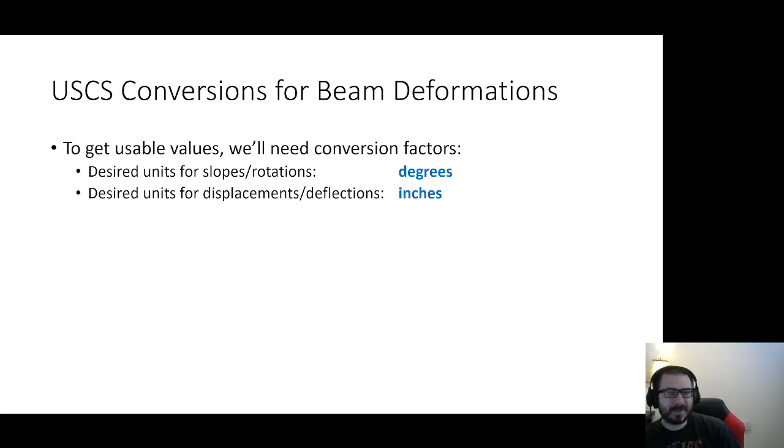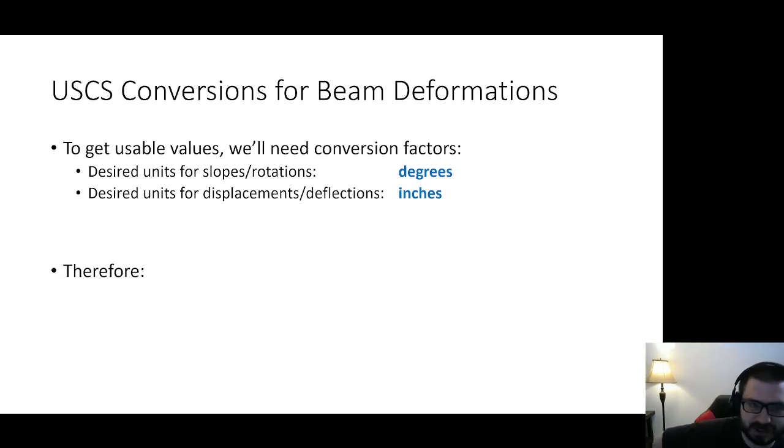Typically, I like my slopes and rotations in degrees because slopes and rotations tend to be pretty small numbers. Your book might actually not do that. Sometimes your book might do them in degrees or might do them in millirads. We'll get into that when we start doing some examples. But for deflections, I think we all agree that the units need to be in inches. For the sake of discussion, let's just say that we want our slopes and rotations in degrees.